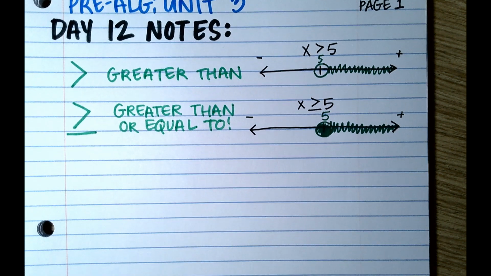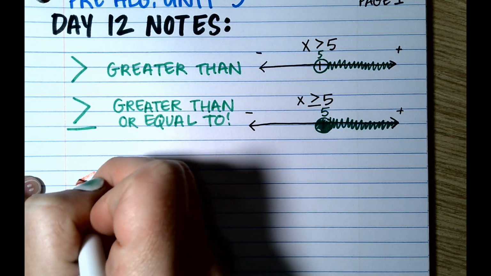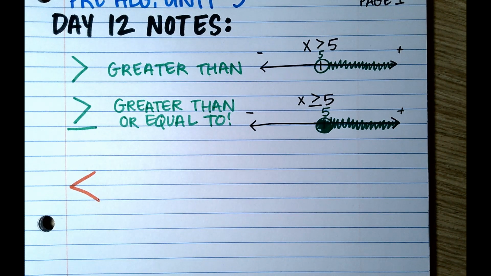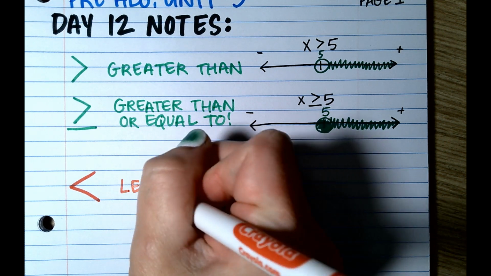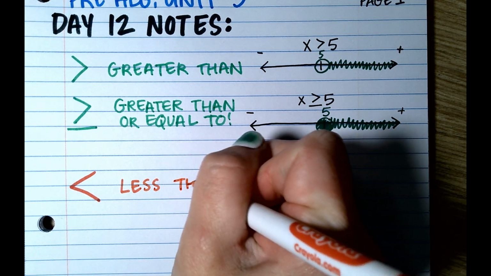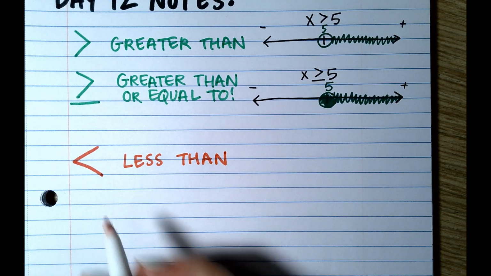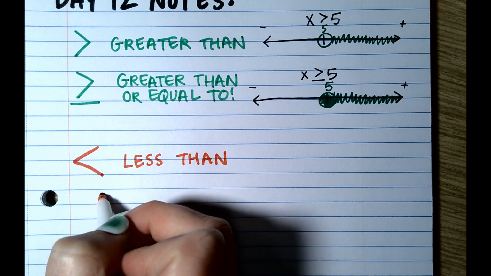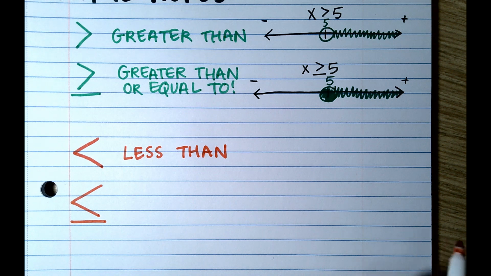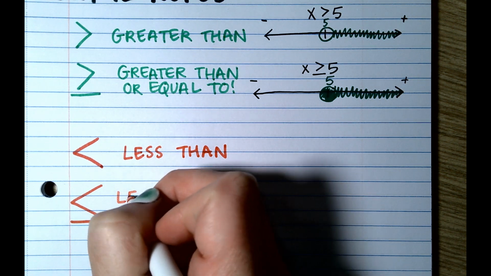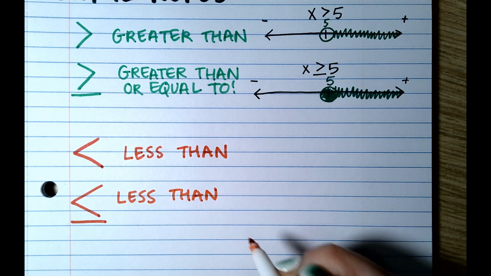Now, I'm gonna write the next symbol. What's that symbol? Less than. I bet you can guess the next one. So we have less than. And now, less than or equal to.